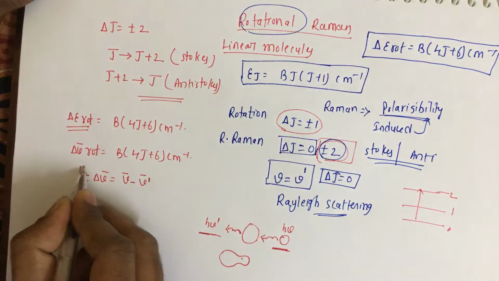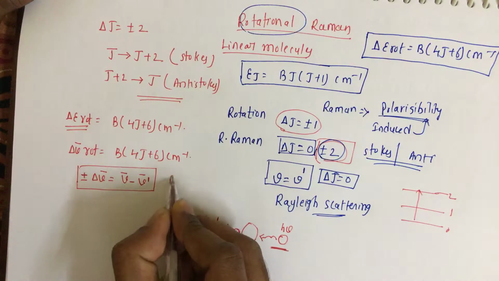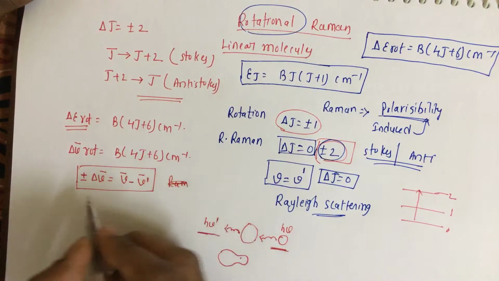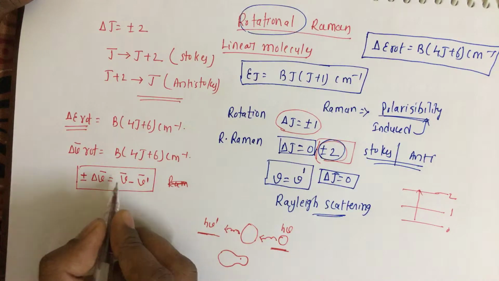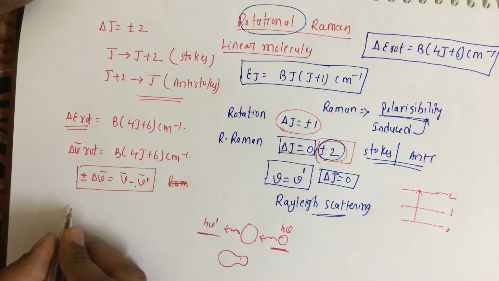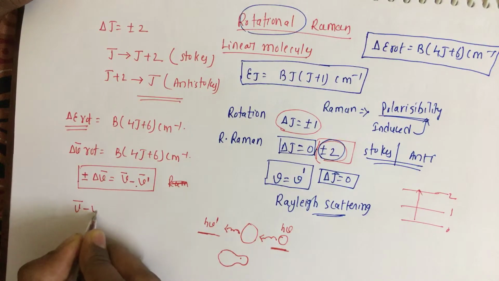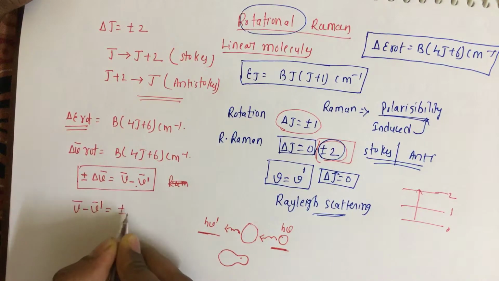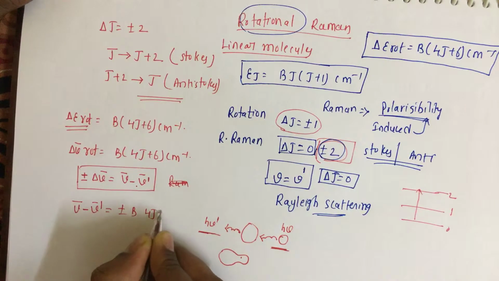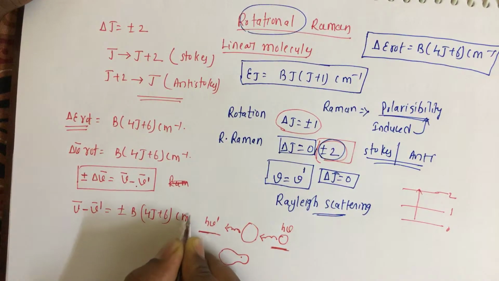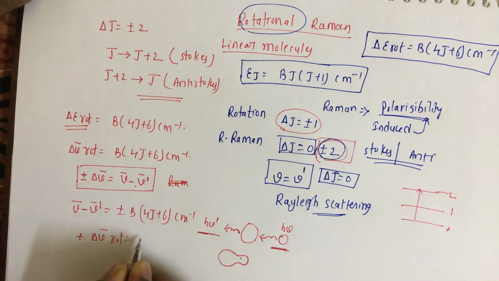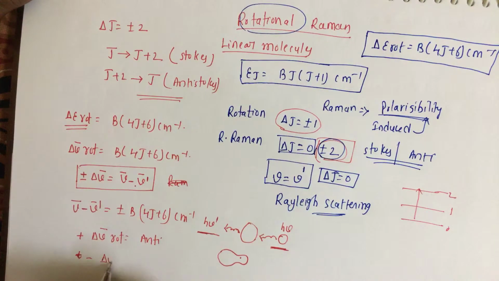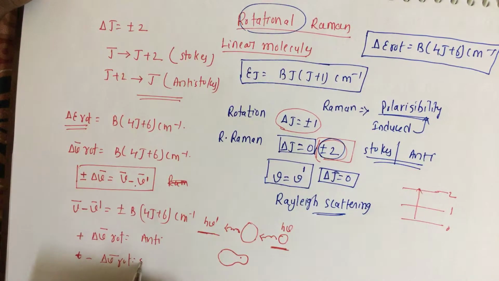Substituting, we get nu bar minus nu dash bar equals plus or minus B(4J+6) centimeter inverse. So plus delta nu rotation is for anti-Stokes, and minus delta nu rotation is for Stokes lines.